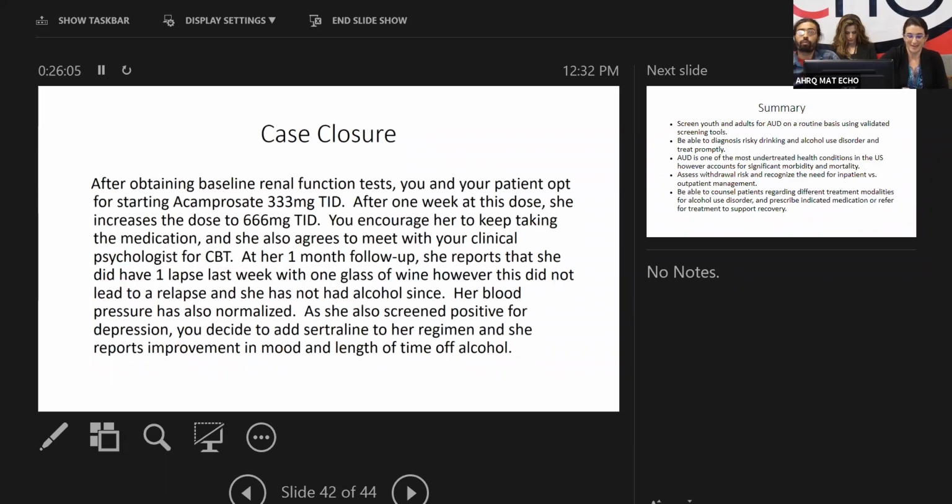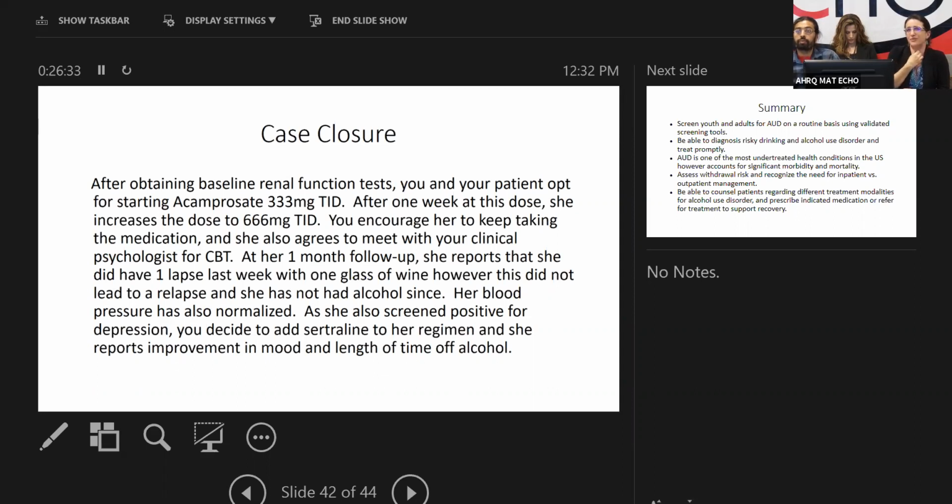And then just to close our case today, I want to respect Amy's time for her presentation. After obtaining baseline renal function tests, you and your patient decide to start acamprosate. We're starting at 333 milligrams 3 times a day, and then she increases to the target dose.